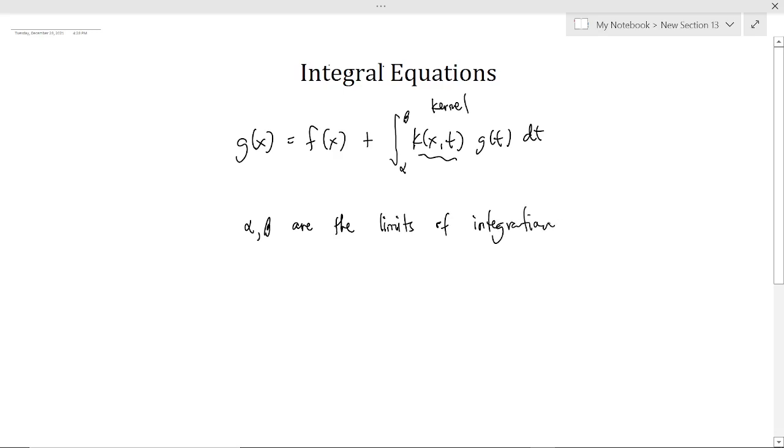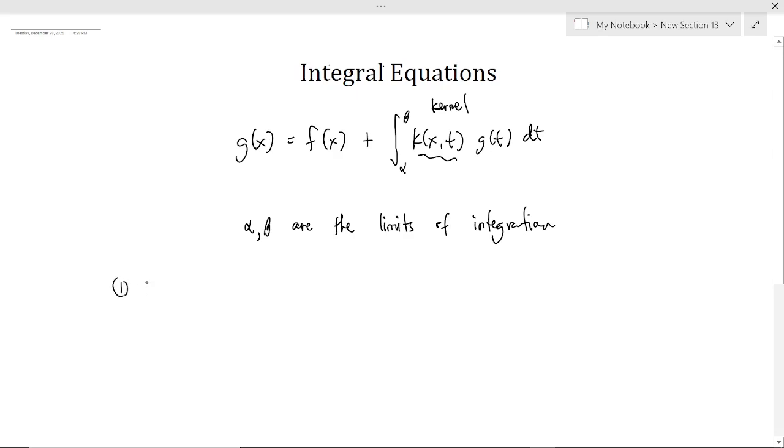Now in mathematics, we tend to encounter many integral equations. There are actually many forms of integral equations. We have the elliptic integrals and so on. But basically here, we will be discussing only two types of integral equations.